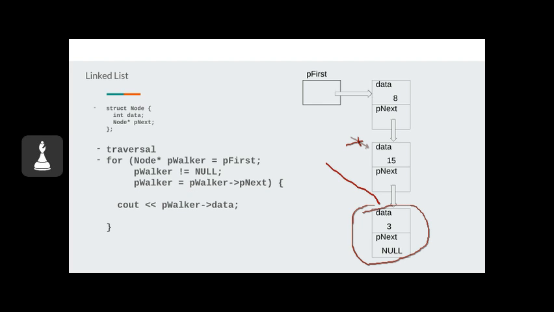We print out its data, which will be a 3, and we update P Walker one more time. So P Walker was pointing to this last item, and now when we say P Walker next, we do get a null value. So P Walker is now going to have a null value in it. And when we do this test, P Walker not equal null, it fails and the loop ends.